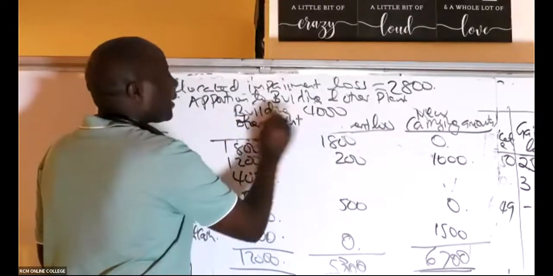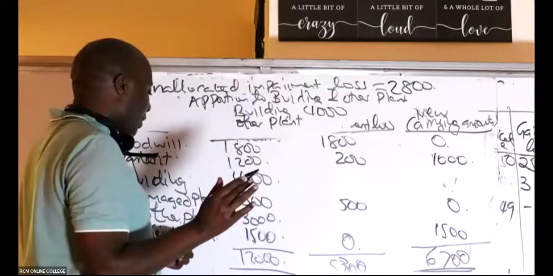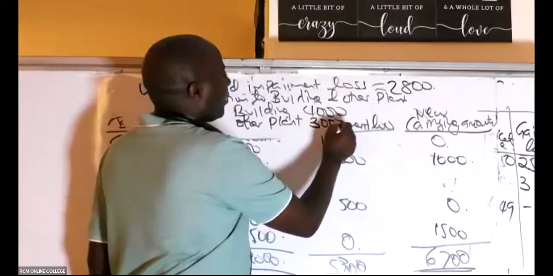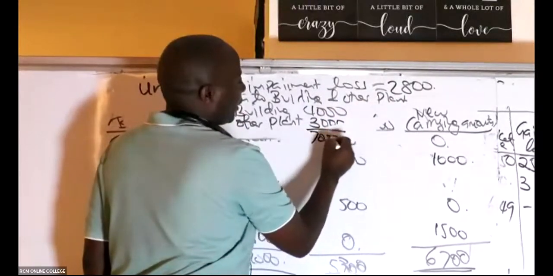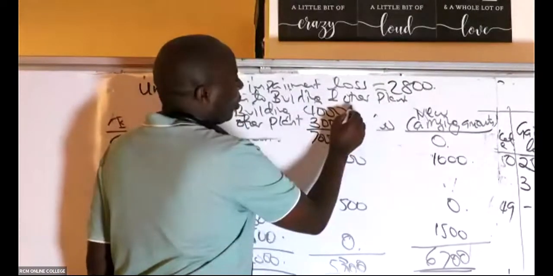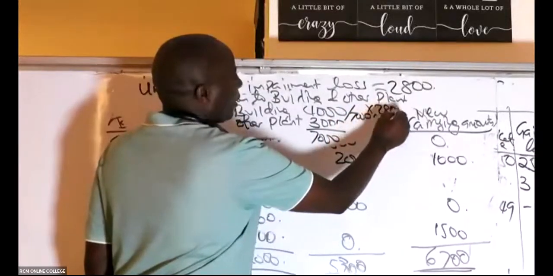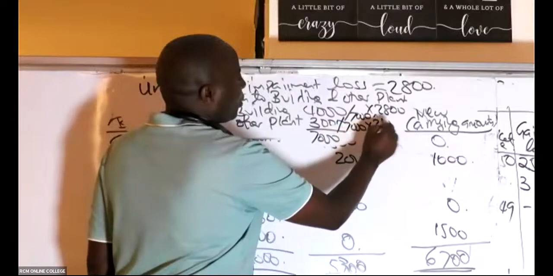And this question was tested exactly the way it is in your custom exams. So other plant is 3,000, giving me 7,000 in total. Therefore, impairment loss will be 4,000 divided by 7,000 times 2,800, and 3,000 over 7,000 times 2,800.